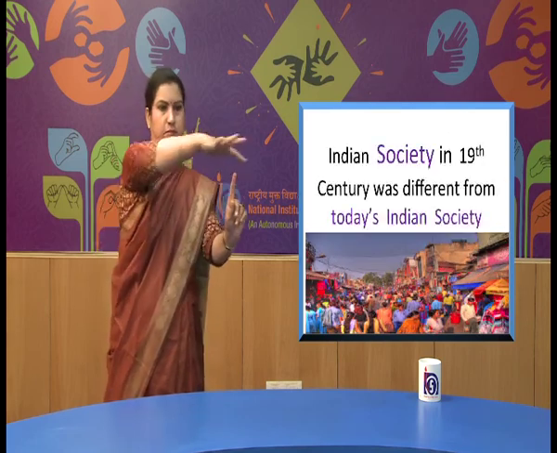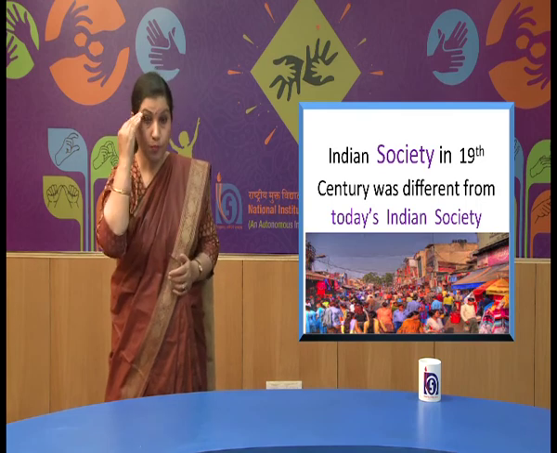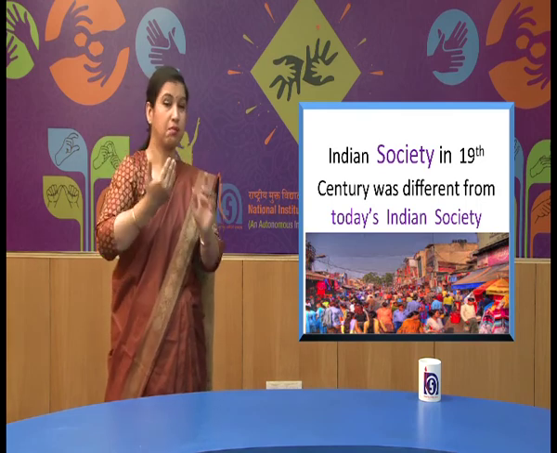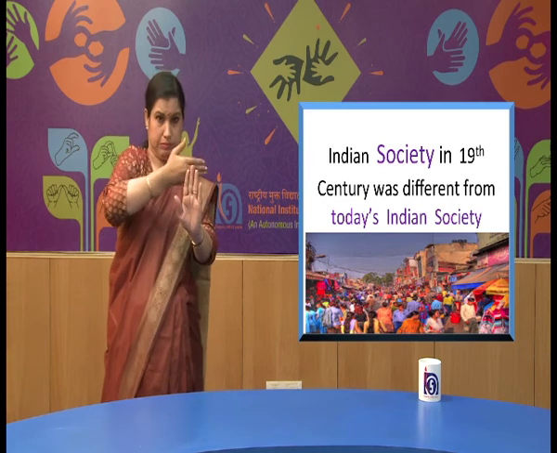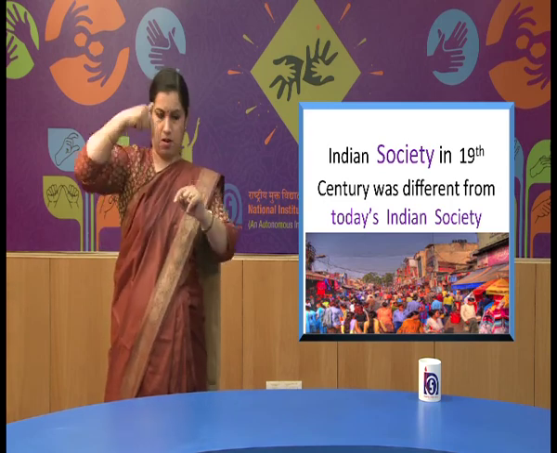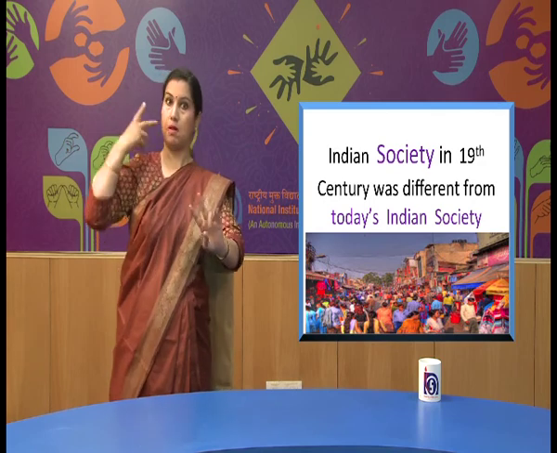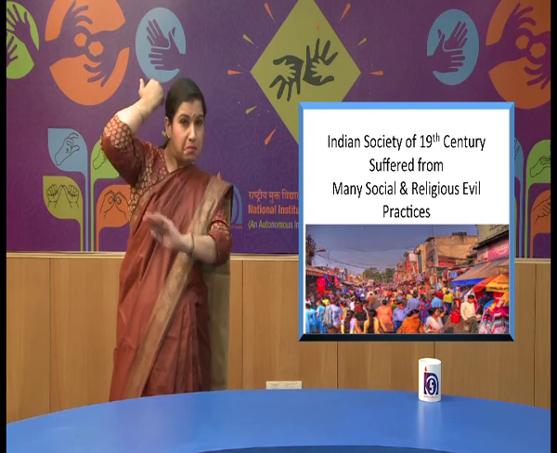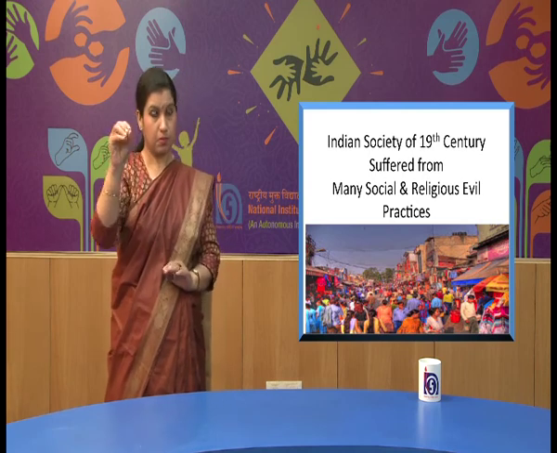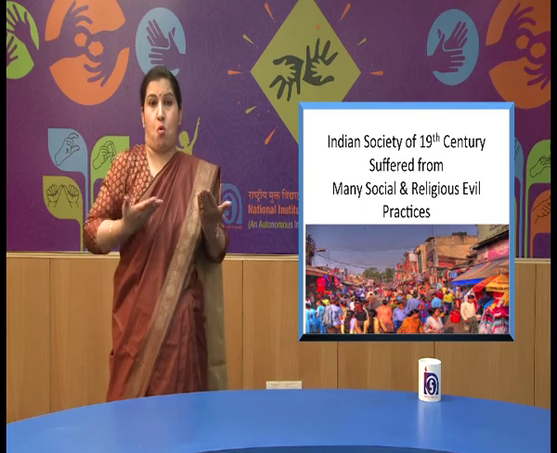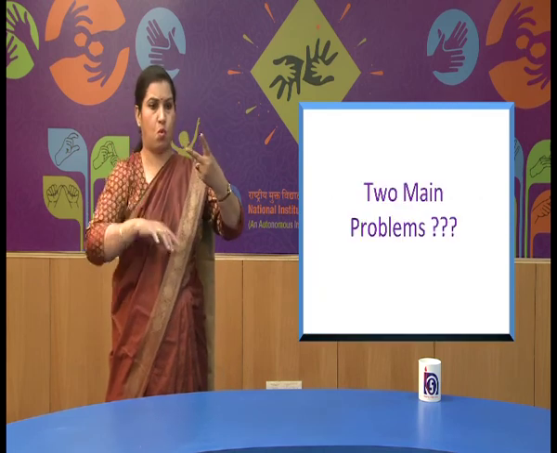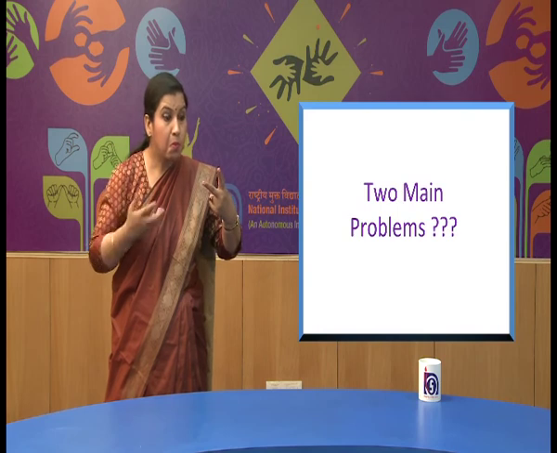Do you know that Indian society in the 19th century was very different from the society that we live in today? In the 19th century, Indian society mainly suffered from two problems. What were those two problems? Can you guess?